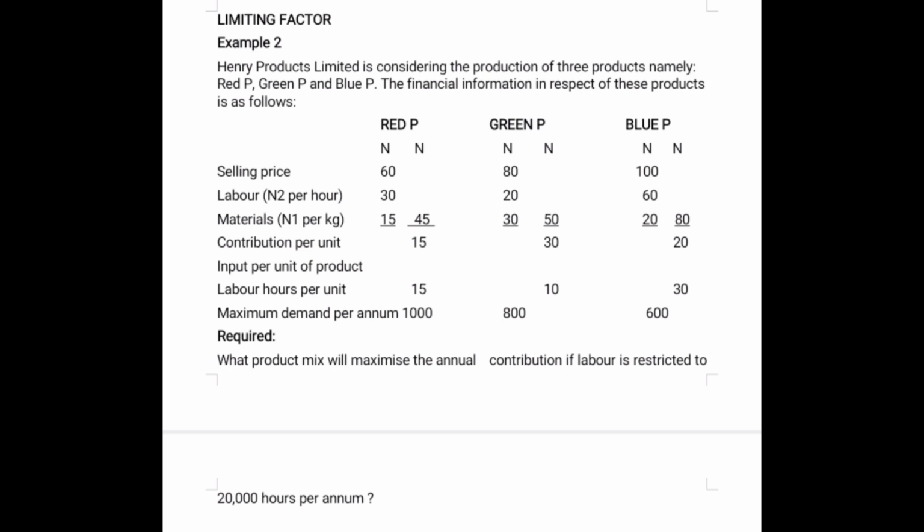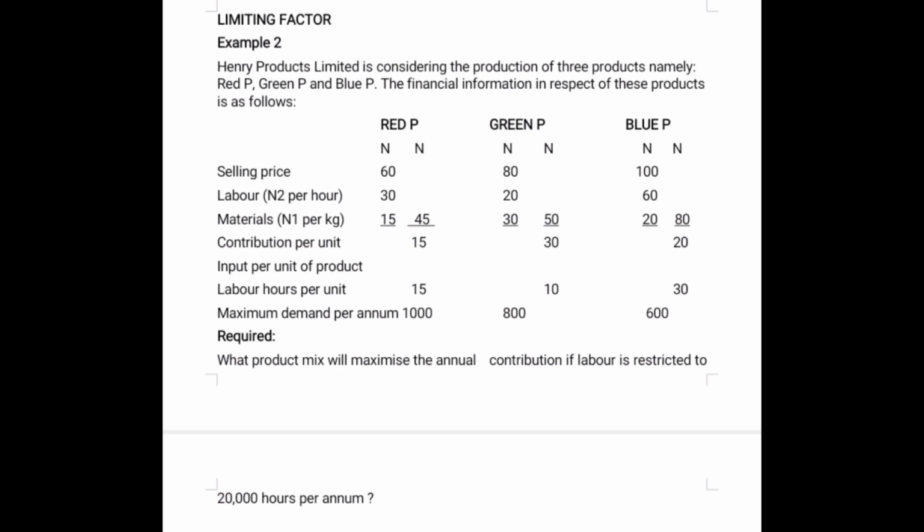They now said, what product mix will maximize the annual contribution if labor is restricted to 20,000 hours per annum? All right, the solution to this is simple.